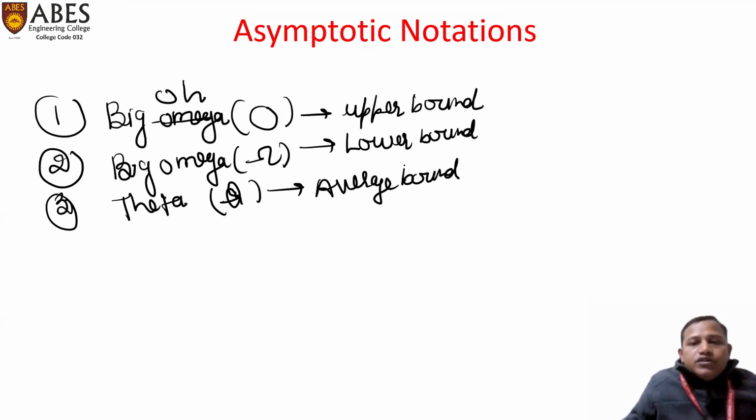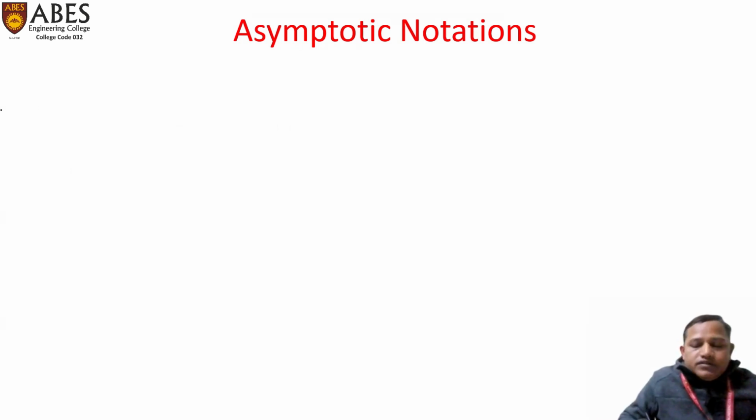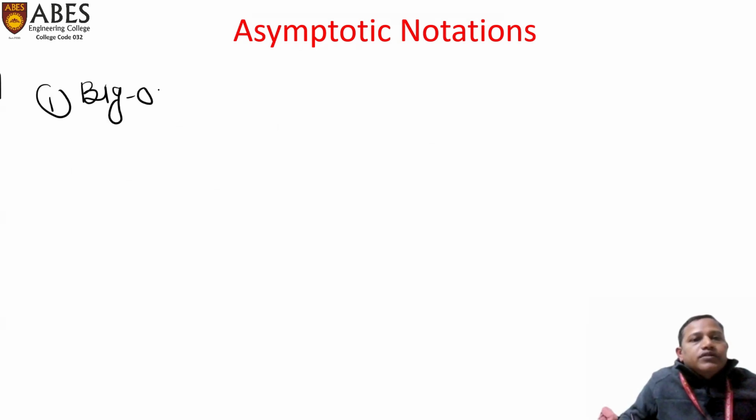Okay, so let's start with these bounds, the asymptotic notations. How can we use these notations? First, start with big O notation.